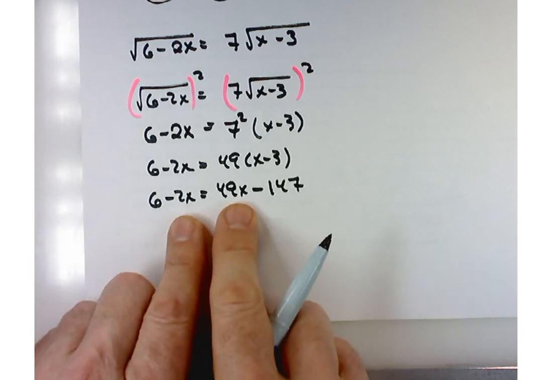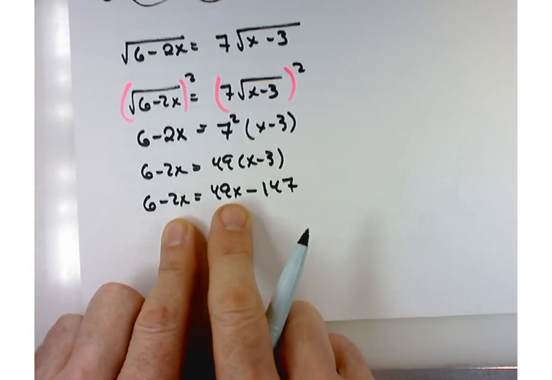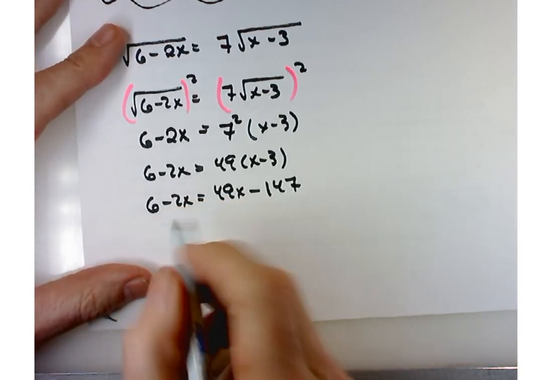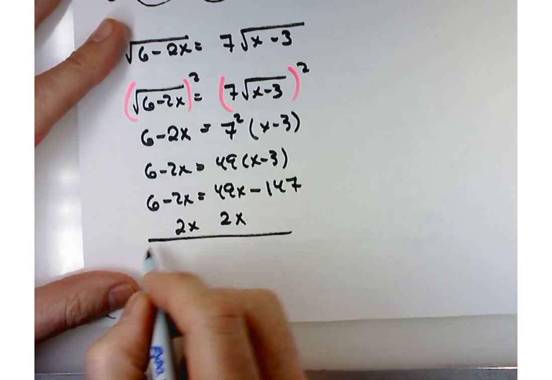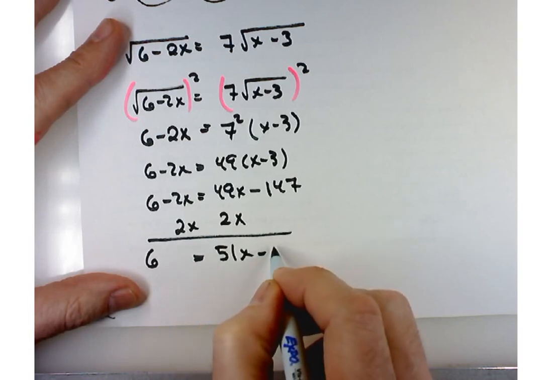Now of these two sides, the left-hand side or the right-hand side, since they both have the variable, I'd probably put the variable on the right-hand side because 49 is bigger than negative 2. So I'll add 2x to both sides and get 6 equals 51x minus 147.